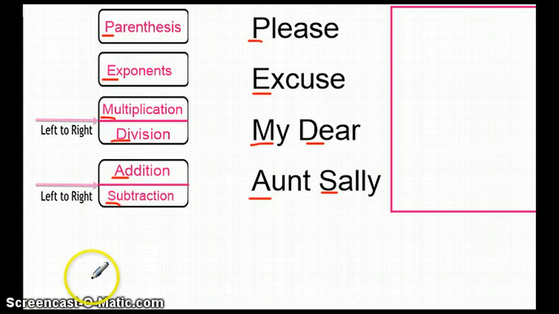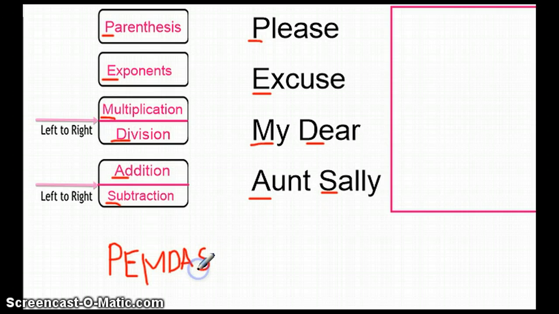You may also hear the phrase PEMDAS, P-E-M-D-A-S. PEMDAS. Please excuse my dear Aunt Sally. Parentheses, exponent, multiply, divide, addition, subtraction.